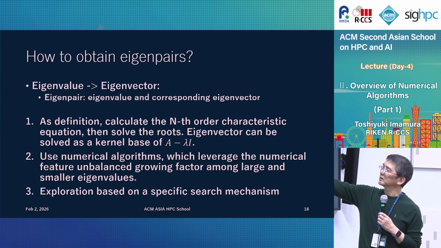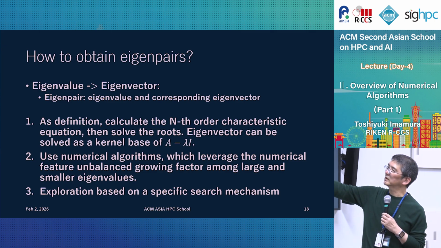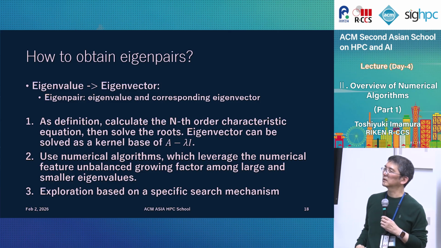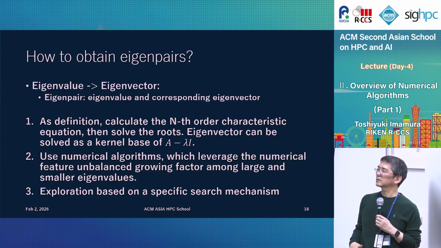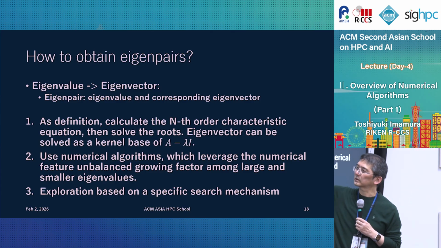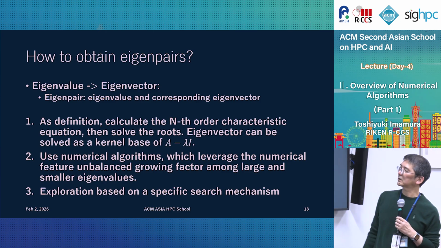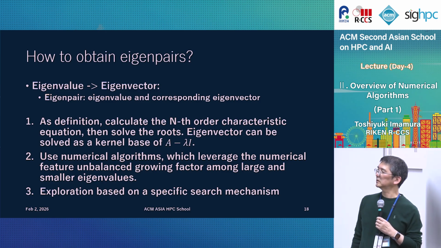Okay, so the second one, I think this is the general one. The numerical algorithm which leverages the numerical feature, the unbalanced growing factor among the large and the small eigenvalues. I will show this technique in the next slide. And the third one is a very special technique, the special sorting algorithm and mechanism.